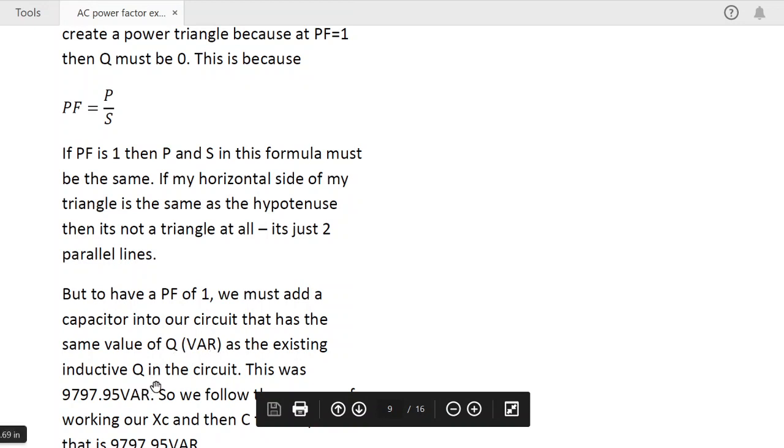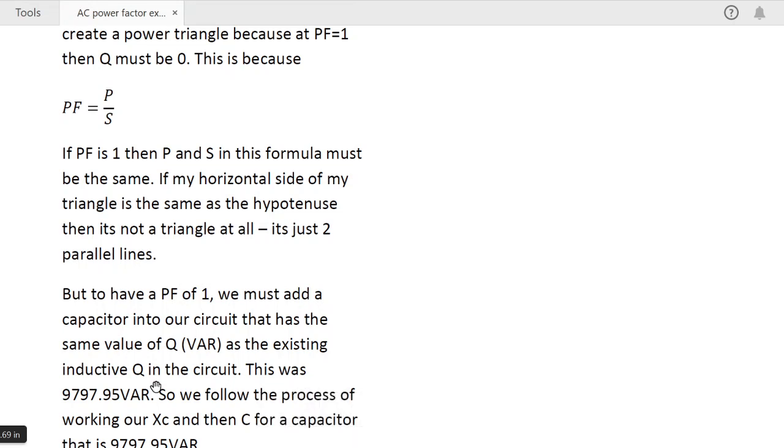So the Q going in the up direction must be counteracted by an identical value of Q going in the down direction. That means that my inductive Q and my capacitive Q will cancel each other out to leave me with a Q value of 0, which is how I'm going to get that unity power factor.